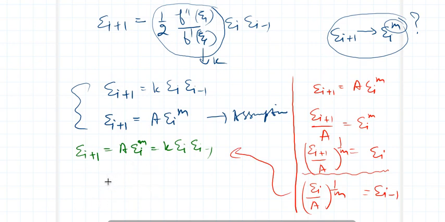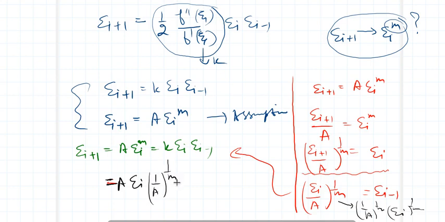That means epsilon i plus 1 will become equal to k epsilon i, and it is 1 over a raised to power 1 by m and epsilon i raised to power 1 by m.